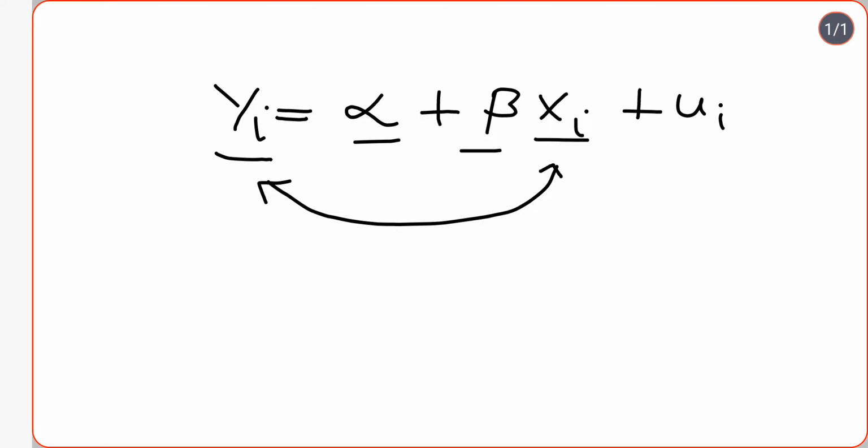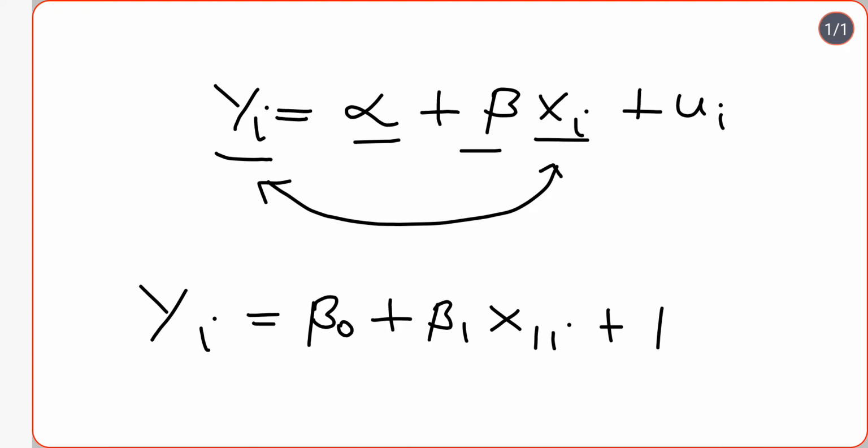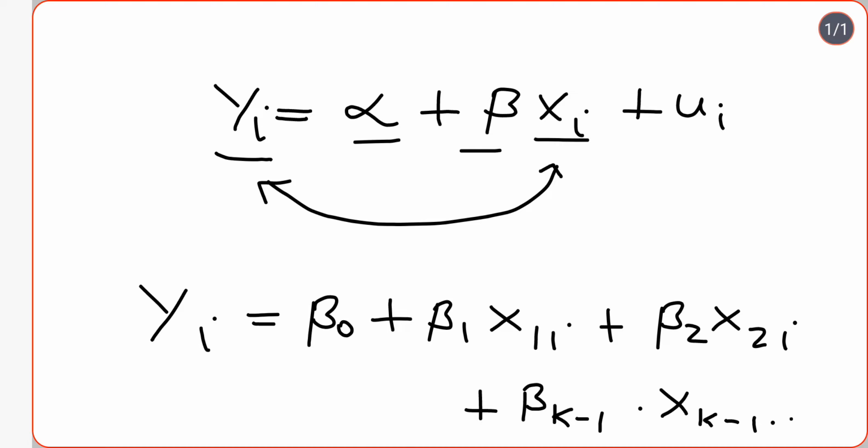Now if there are k number of variables in the model, then that is called a k-variable model. That can be written as yi equals beta 0 plus beta 1 x1i plus beta 2 x2i, and it goes up to beta k minus 1 into x(k minus 1)i.